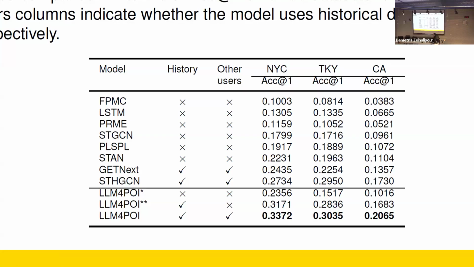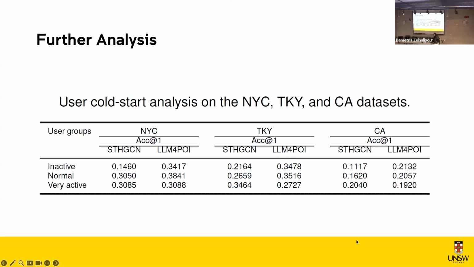And what was interesting as well, a cold start. If we use a very active user, the gain is very little. The reason is because in STHGCN, we use all history.